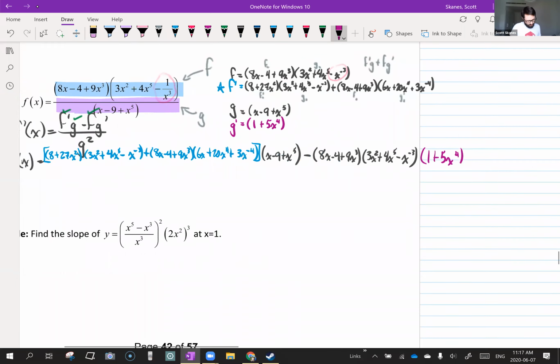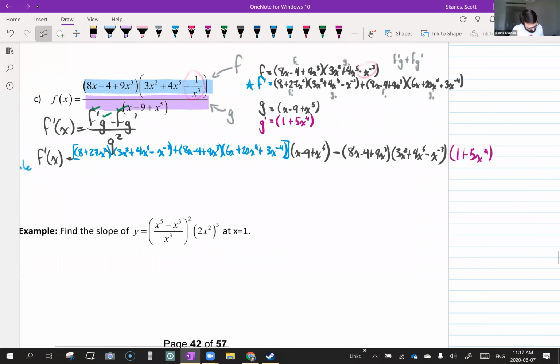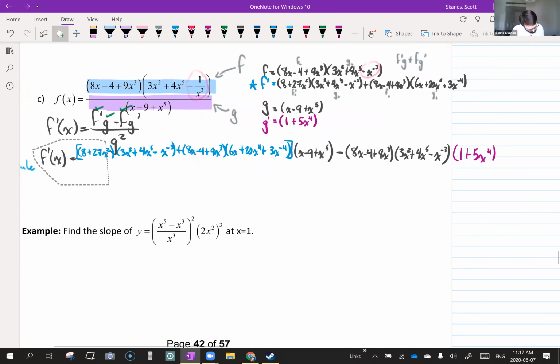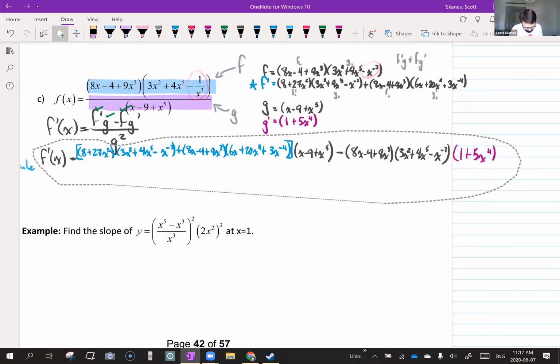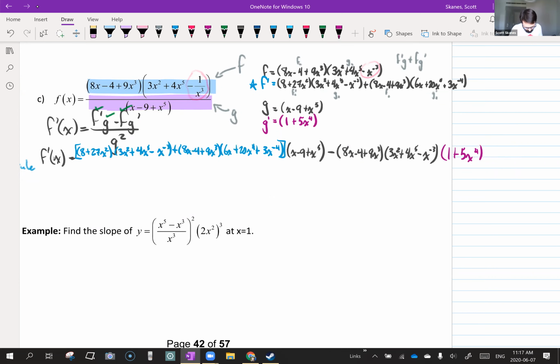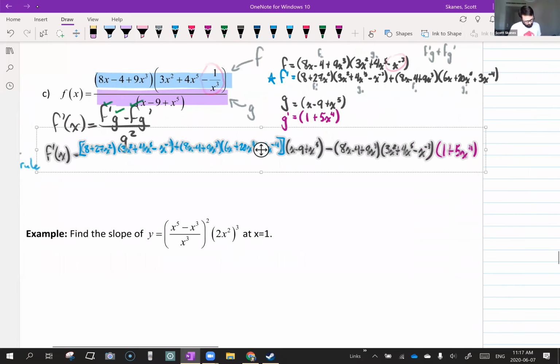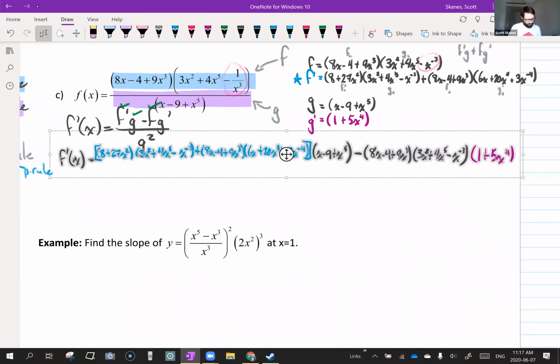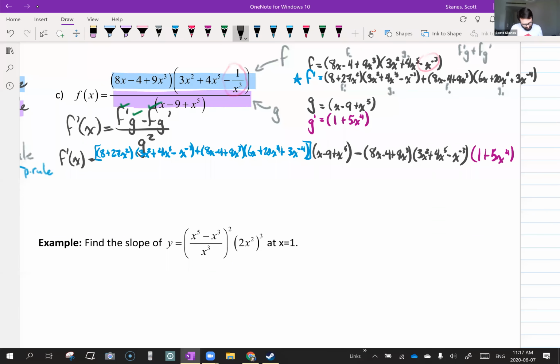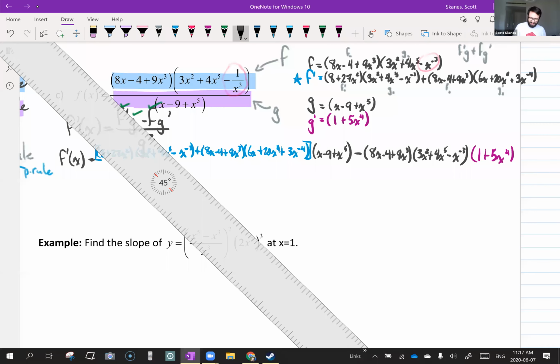So I'm going to shrink that down just a little bit so that it can all fit on one page. Sorry for those of you that are still writing. All right, what a mess. Now, yeah, isn't this intense?